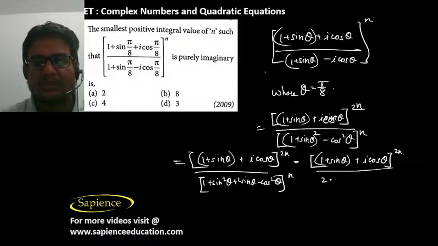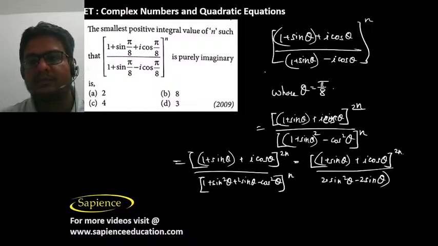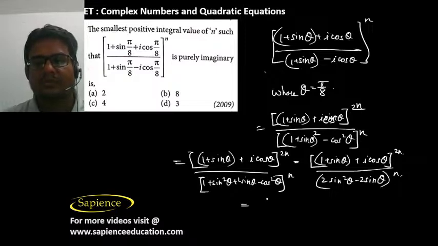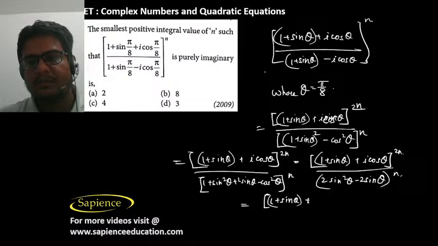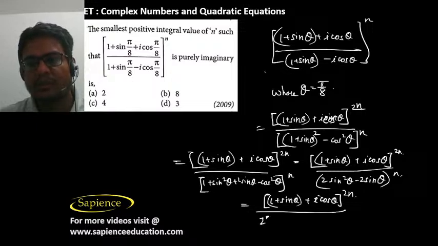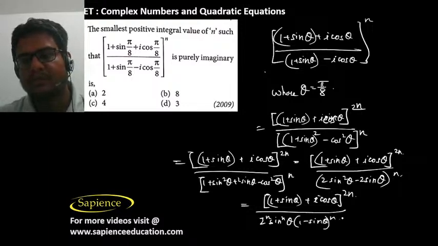So this is (2 sine square theta plus 2 sine theta), whole power n. So this will be (1 plus sine theta plus i cos theta) whole power 2n divided by 2 power n into sine power n theta into (1 plus sine theta) whole power n.